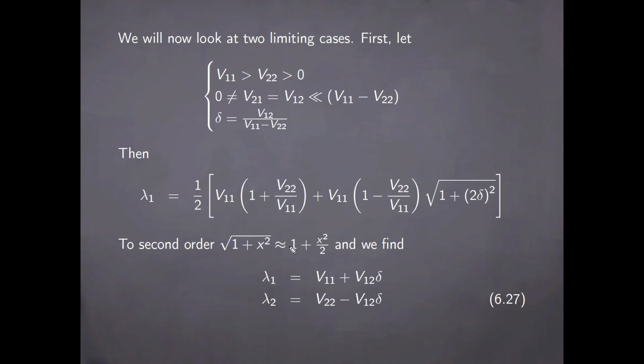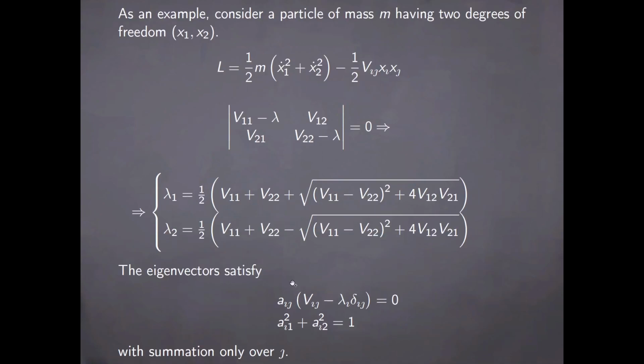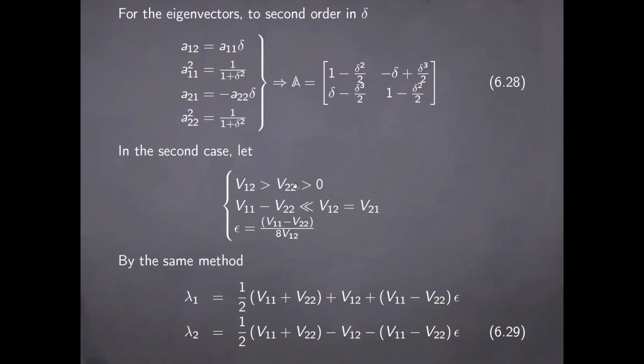We should obtain this result, and as such we can find for the two roots the approximate expressions here. Furthermore, we can also calculate the eigenvectors, and if we go to second order in delta, using the set of equations here together with the normalization condition, we should obtain the eigenvectors matrix here.